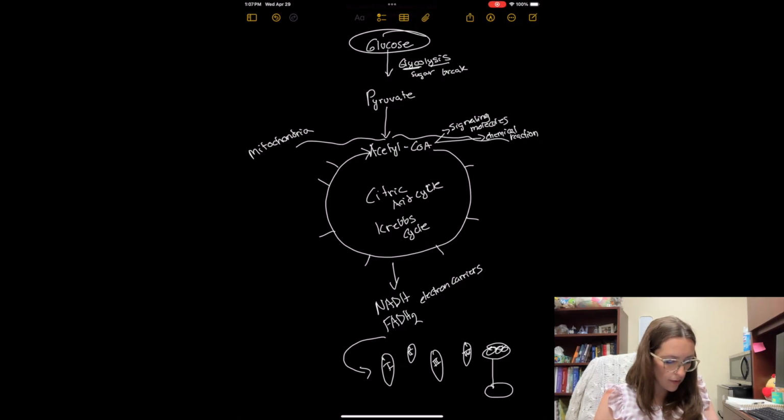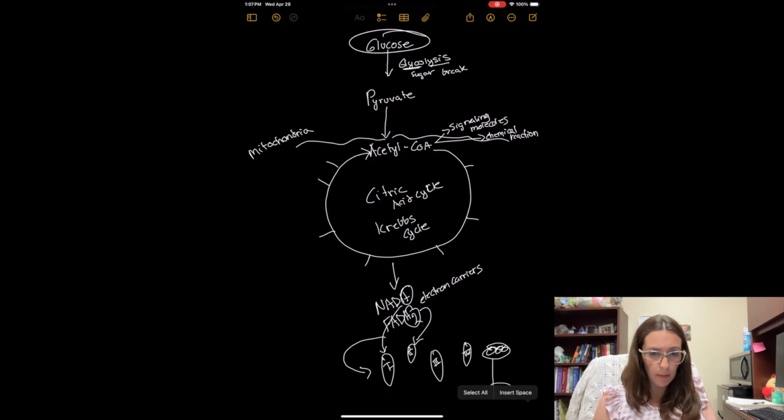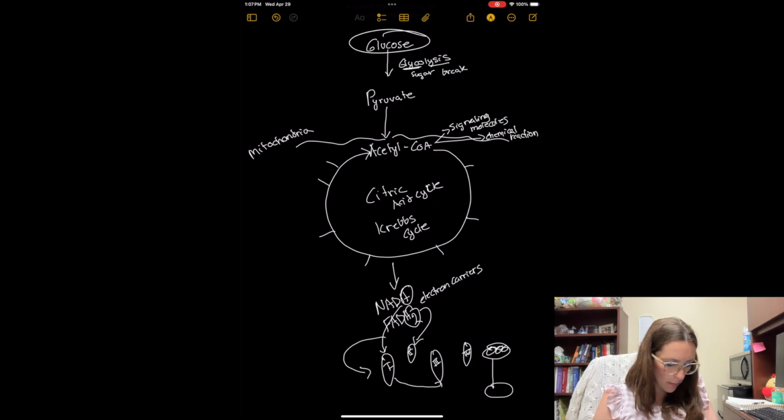These hydrogens that are attached to NADH or FADH2 can easily pop off of them and move through these, so NADH through 1, FADH2 through 2, and the electrons are going to eventually become stabilized through these complexes. They're going to be brought through.